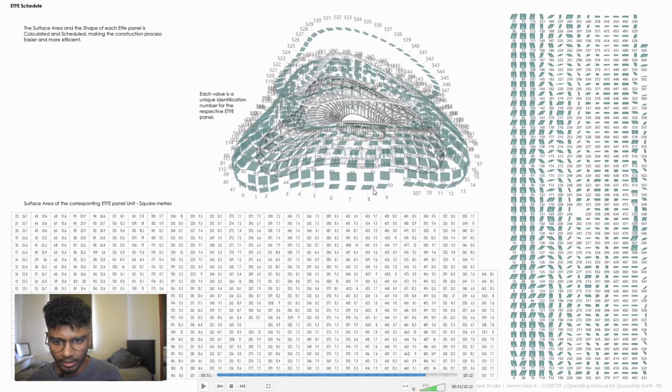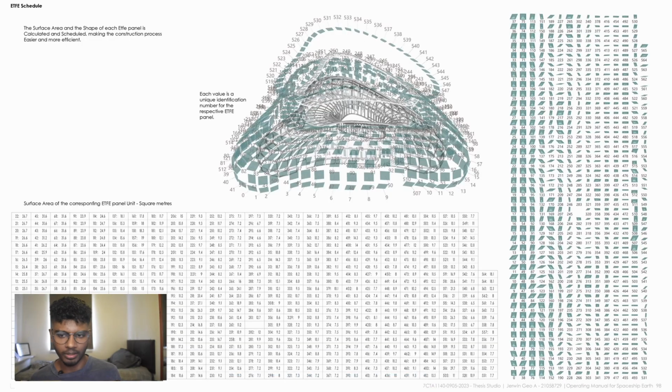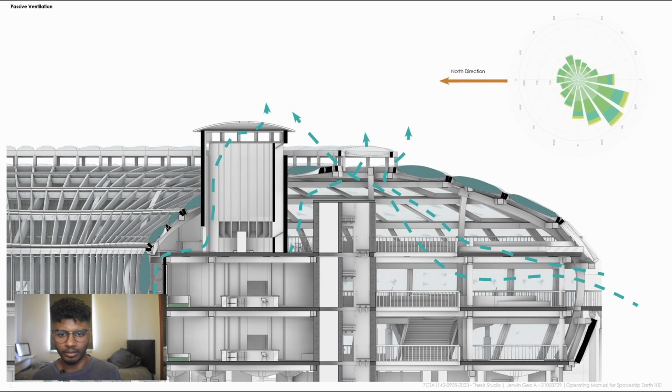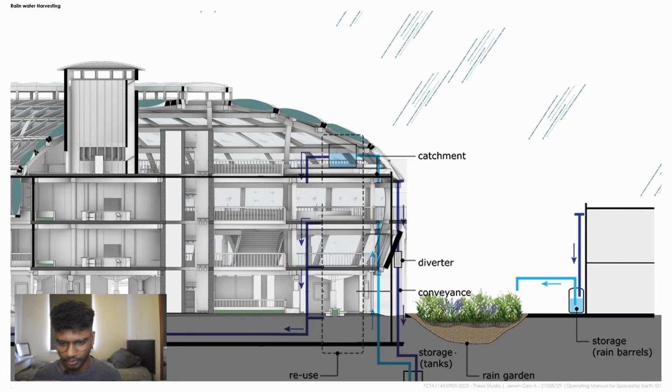For example, let's say number 9. Number 9 is here, and this is number 9's surface area. So we can avoid wastage, and we know the exact shape of each ETFE panel. And finally, for sustainability, we have how the wind flow, ventilation, and also the rainwater harvesting, all those things.